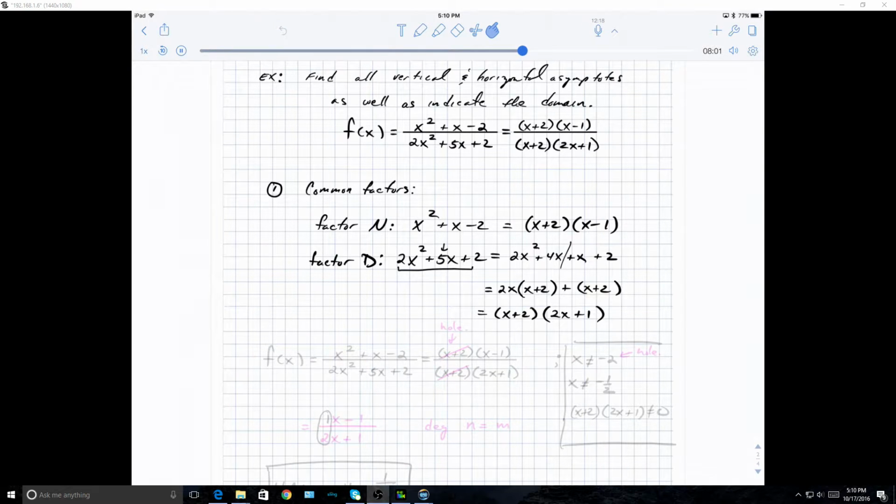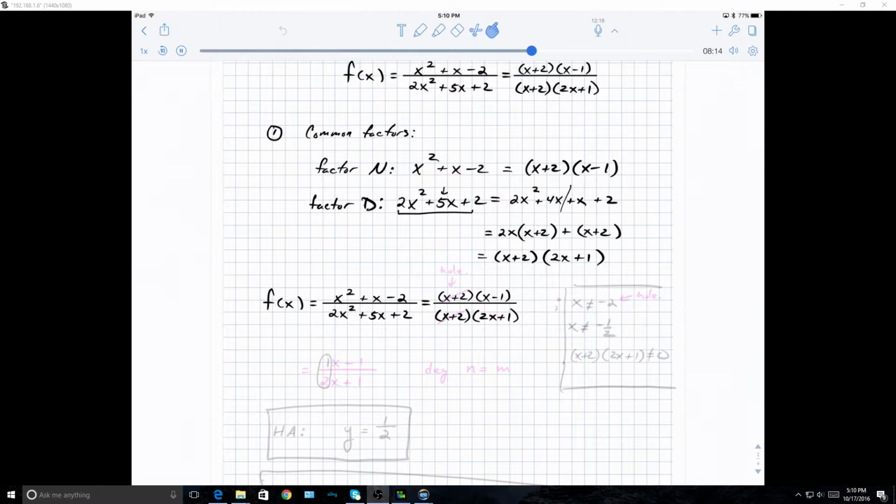So we do have common factors here. So now if I just copy this and bring it down here so we can use it a little more efficiently.